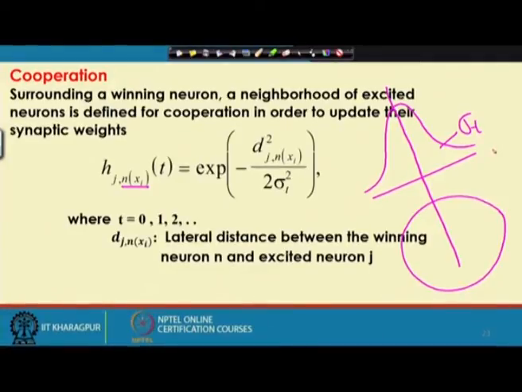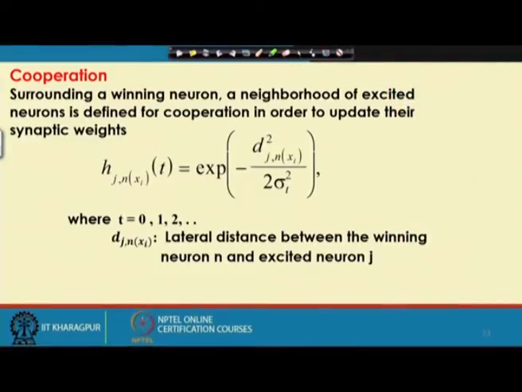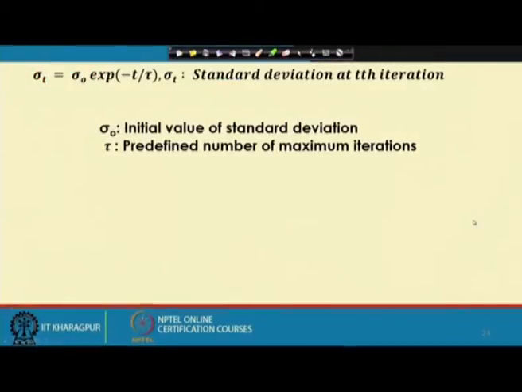Now, what happens is this particular sigma_t we do not consider to be a constant; instead we vary it. So, how to vary this particular sigma_t? We take the help of one mathematical expression, that is sigma_t is nothing but sigma naught exponential of minus t divided by tau.